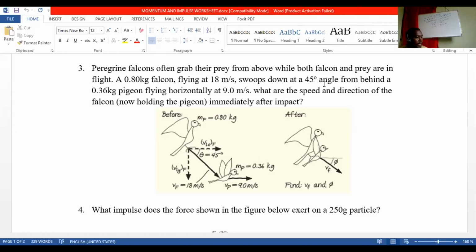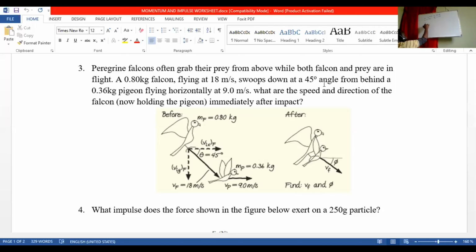Now we have both simplified equations, so we can find what's unknown. Let's put both together. For y, 8.78 equals VF sine angle. Now we can divide y by x, the y plane value by the x plane value.